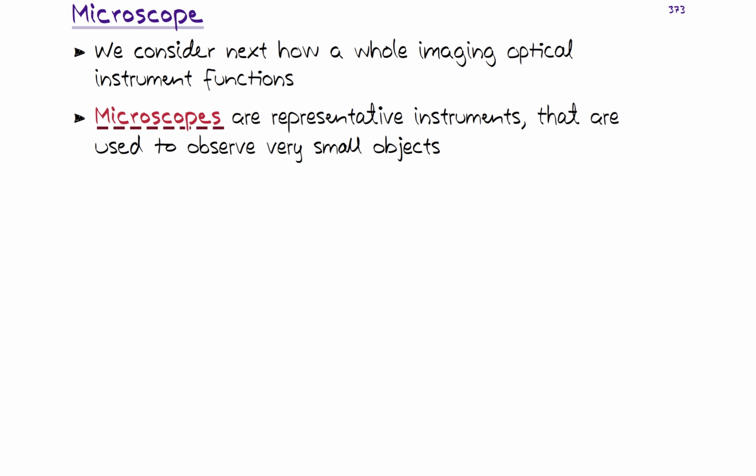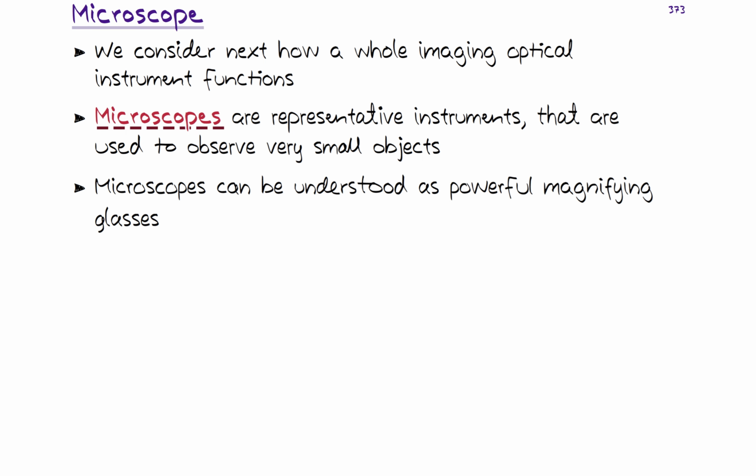This is basically the main use of microscopes. As the name suggests, we want to inspect something that is small. And when we are looking at how they function, of course, in a way we can understand a microscope as just a more complicated and more powerful magnifying glass.